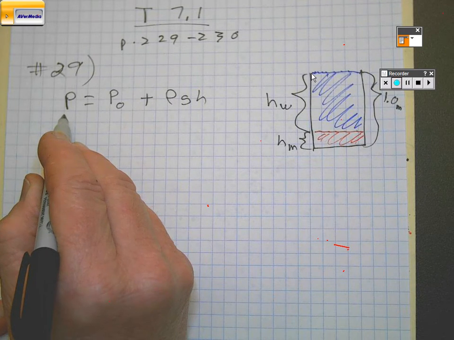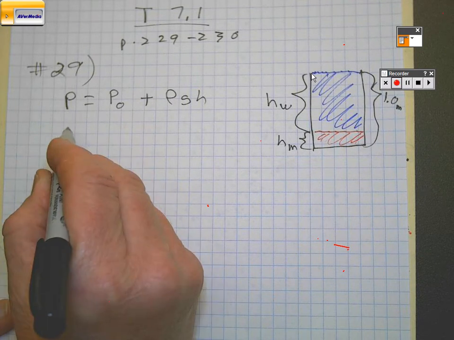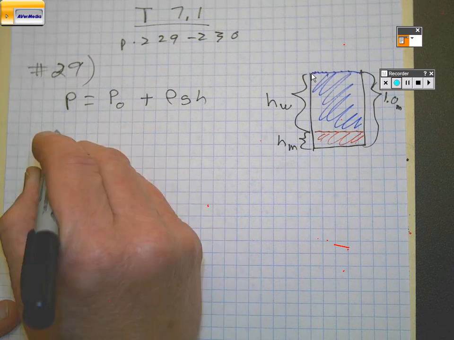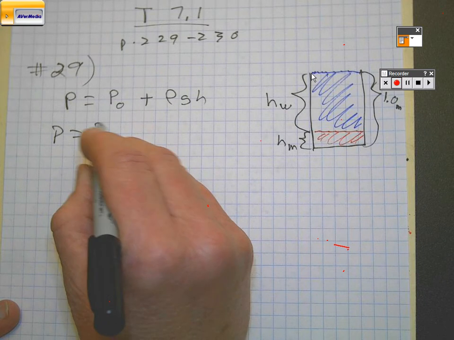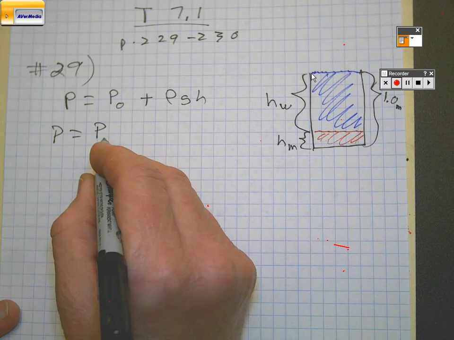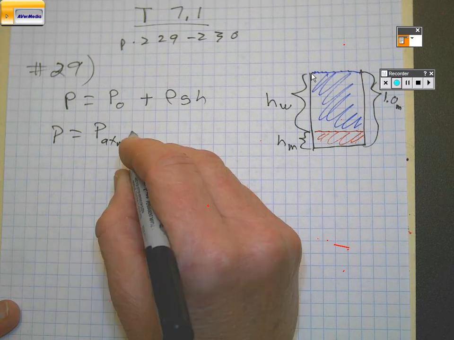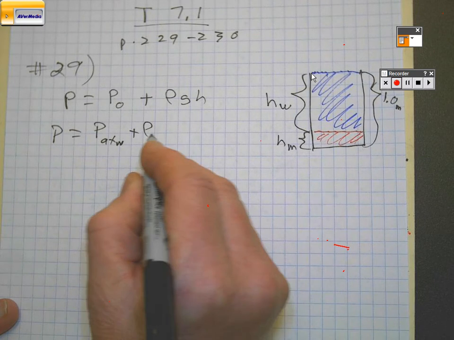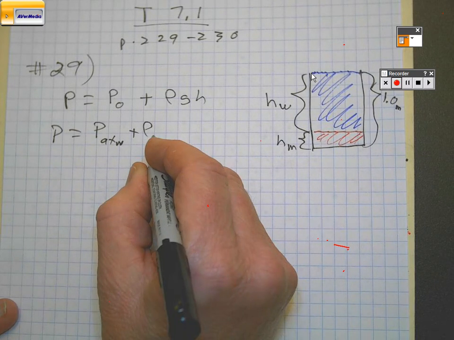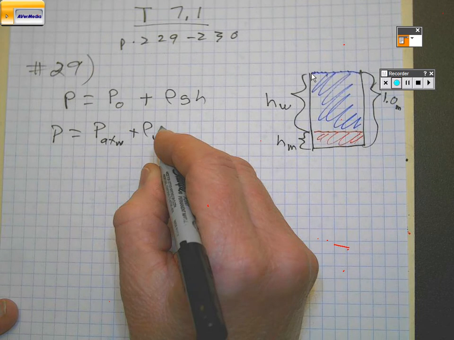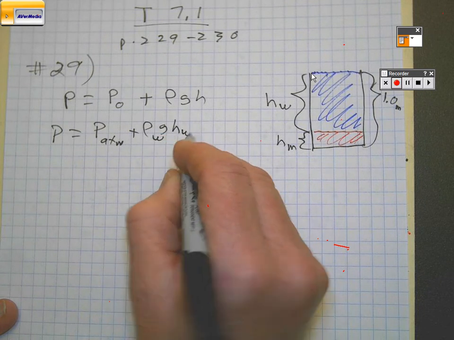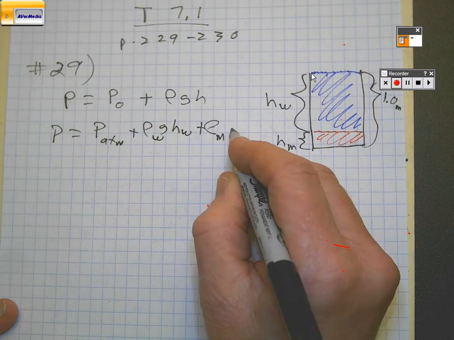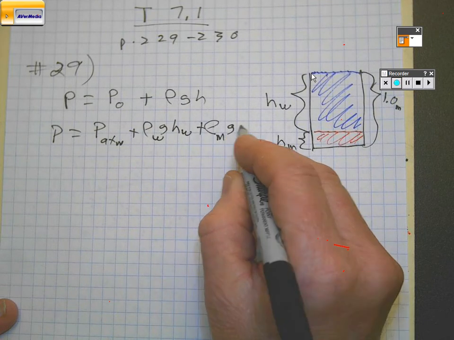So whatever pressure you have is equal to the atmospheric pressure plus the density of the water, which again you can look up, times g times the height of the water, plus the density of the mercury times g times the height of the mercury.